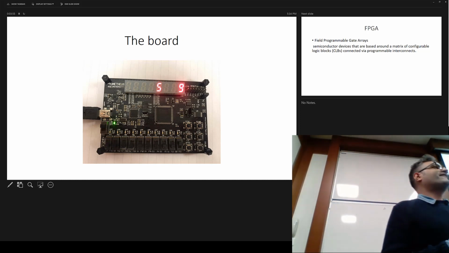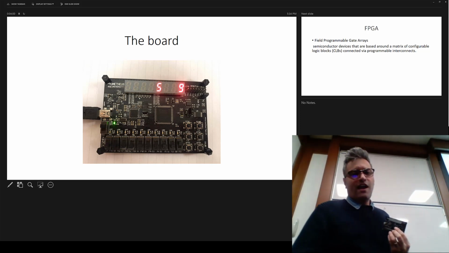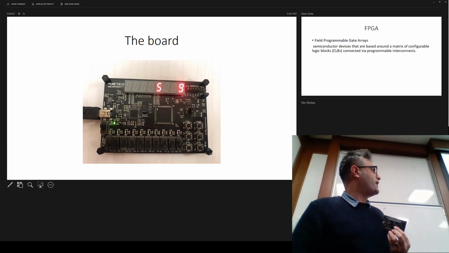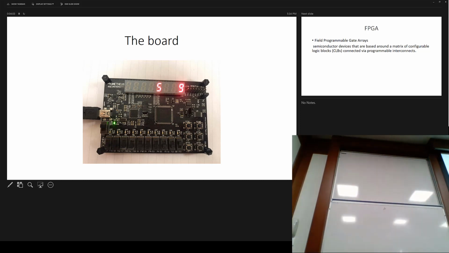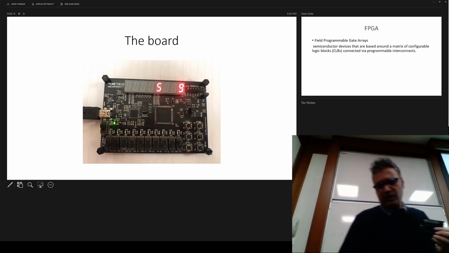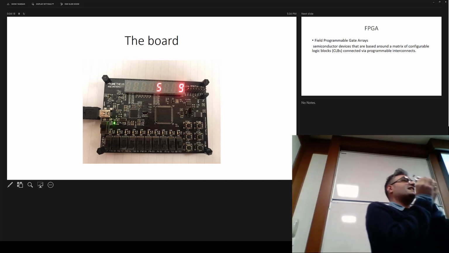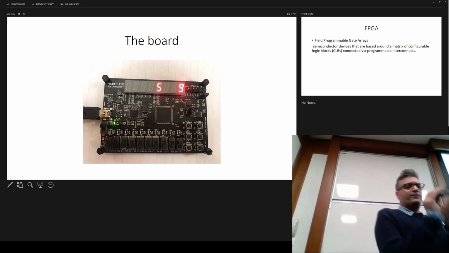This board is a development board. There is a core to this board. You all see that square component here, right? This is called the FPGA, Field Programmable Gate Array. This is the heart of this device.